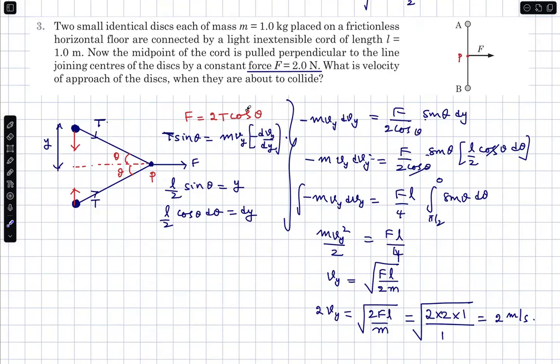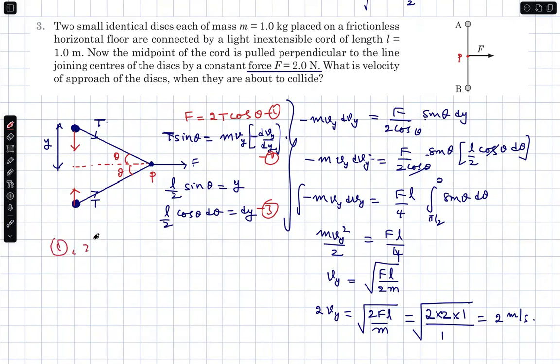First one, equilibrium of point P. Second point, what causes Ay? Third point, geometry part. Now I'll go to here. You said T is F by 2 cos theta; I have written that. This is equation 1, this is equation 2, this is equation 3.